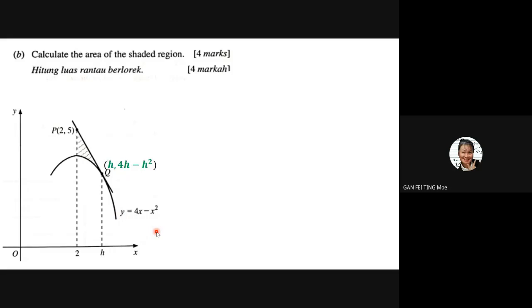Okay, who can help? Daniel? Area under the curve. Yes, good. Who is that? Adil. Okay. Bila you integrate this one, this is the curve. You integrate this curve. Jot down, Daniel, jot down your notes.